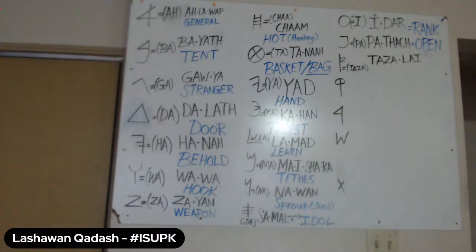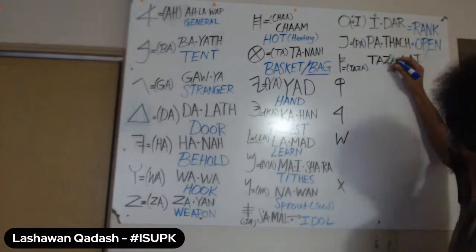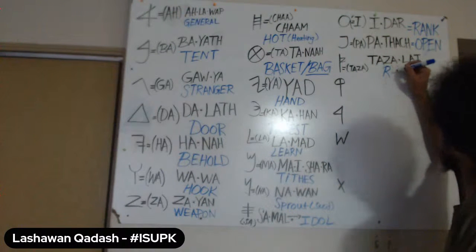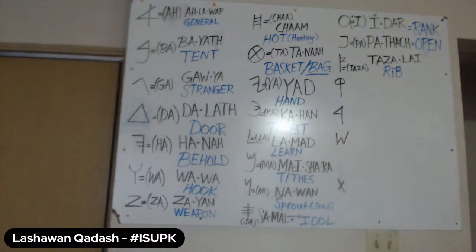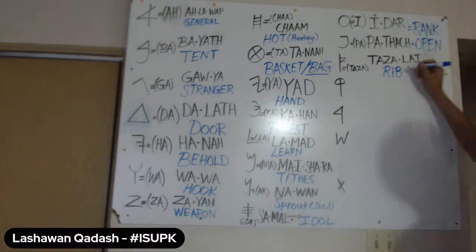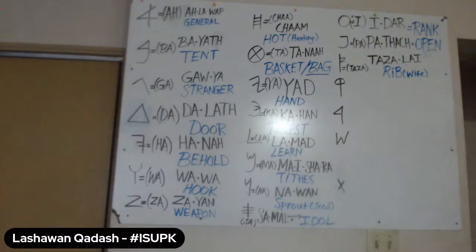Okay? And let's say that you got you a wife, and you want to say, my rib, or rib, right? Rib is tazalai. So this means rib. All right? Rib as in wife. Your rib, all right? Your wife. Tazalai.